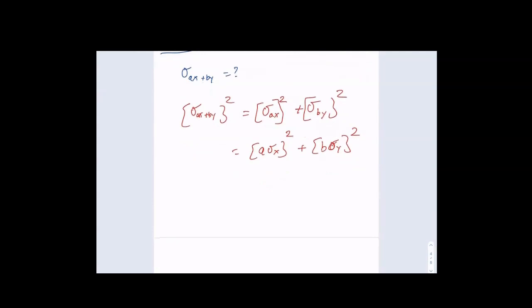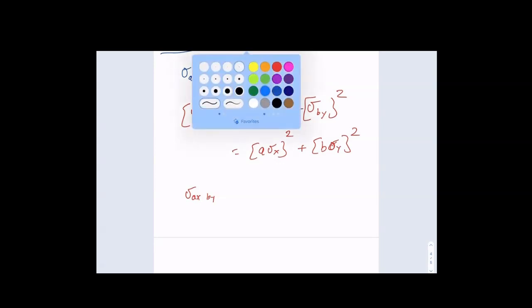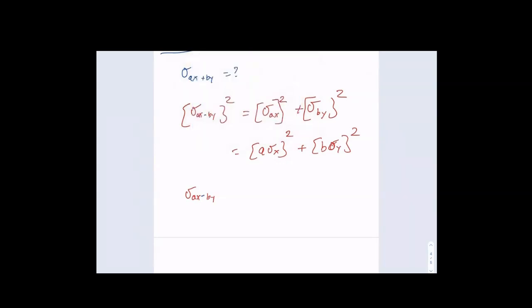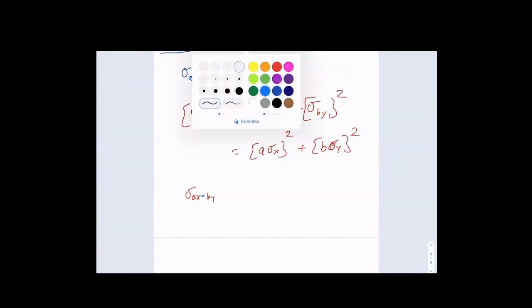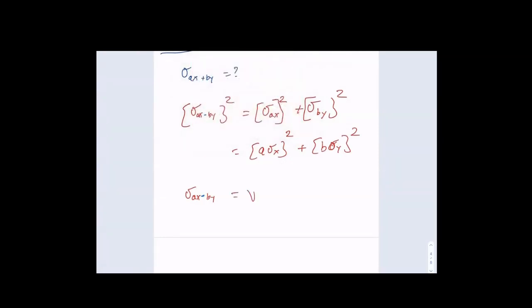And therefore, for the standard deviation of AX plus BY, and I could have put a minus there, note that if I put a minus right here, you get the same exact answer. Doesn't matter if it's a minus, you still plus it because it's a Pythagorean relationship. So this is equal to the square root of A standard deviation of X squared plus B standard deviation of Y squared.